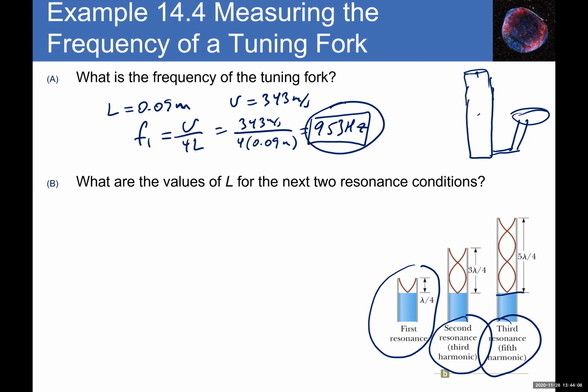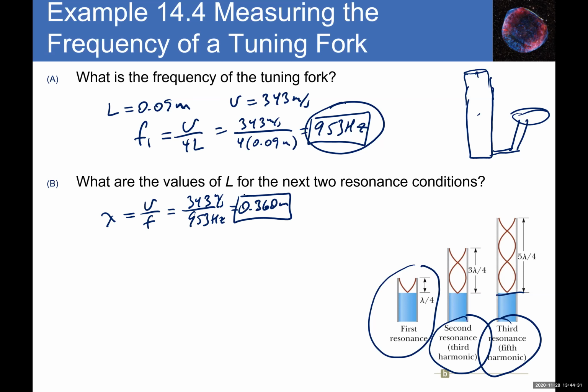That means I can find the wavelength by taking velocity over frequency, which both are fixed, right? So what I'm going to get here is 343 meters per second over 953 hertz, and I'm going to get 0.36 meters. So that's my wavelength.